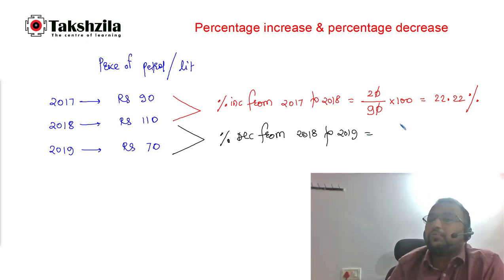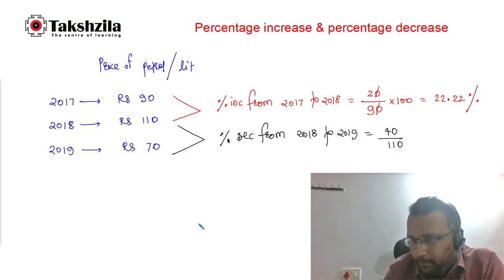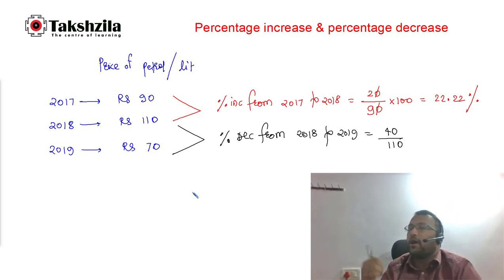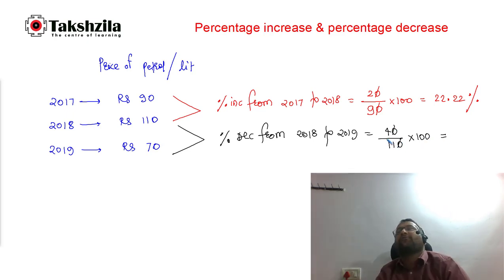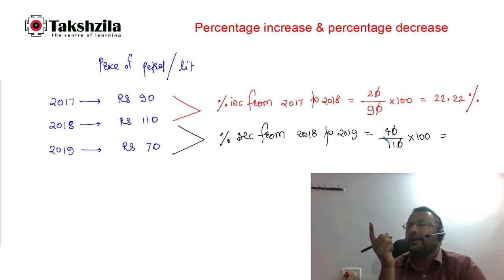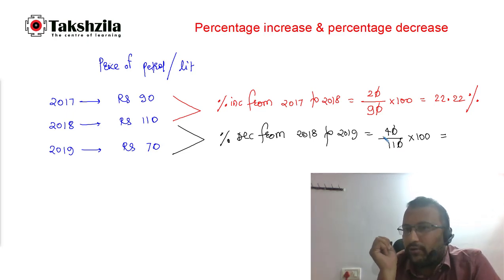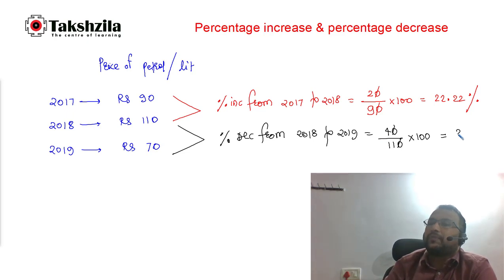It is a decrease of 40 rupees. Now 40 is a decrease on 110, not on 70. To find the percentage, we need to multiply this by 100. Now this is how much? 4 by 11. The percentage equivalent of 4 by 11 is how much? 1 by 11, we know it is 9.09, into 4, that is equal to 36.36%.